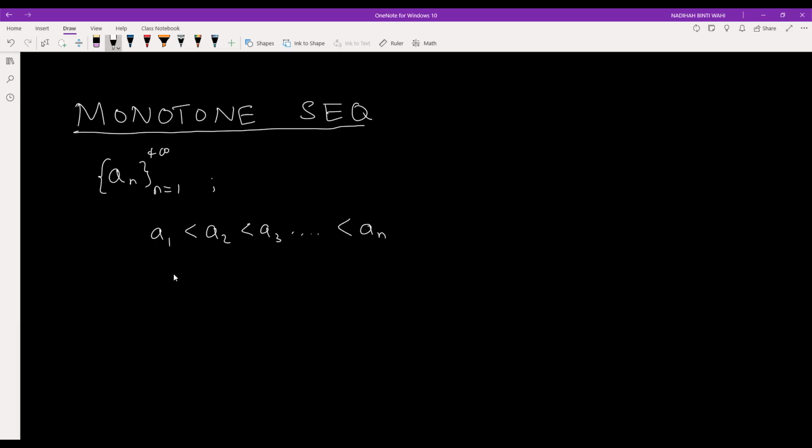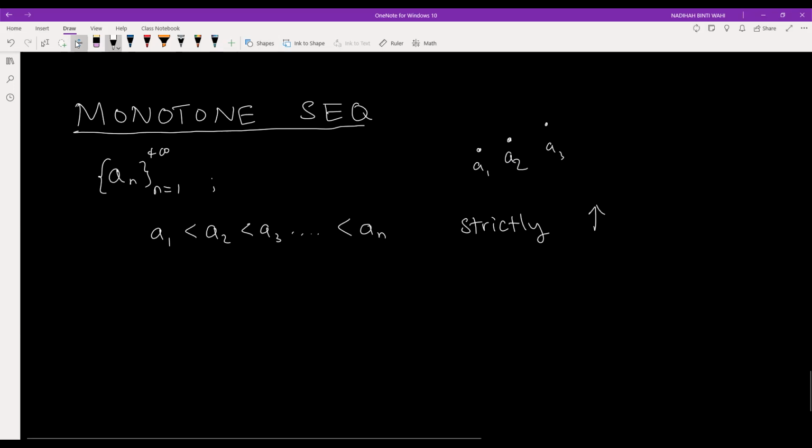The term on the left is less than the term on the right. So in this case, this is strictly increasing. Because if you look at the graph, A1 is right here, A2 is right there, A3 is right there. Something like that.